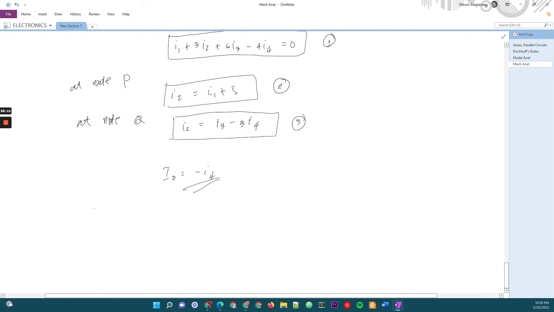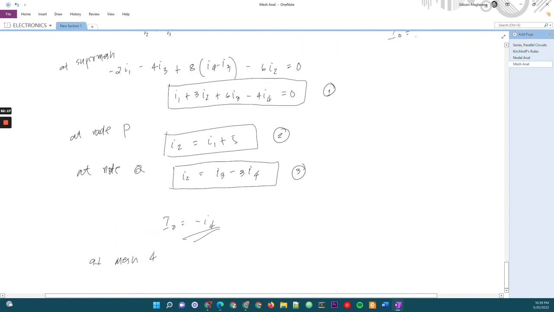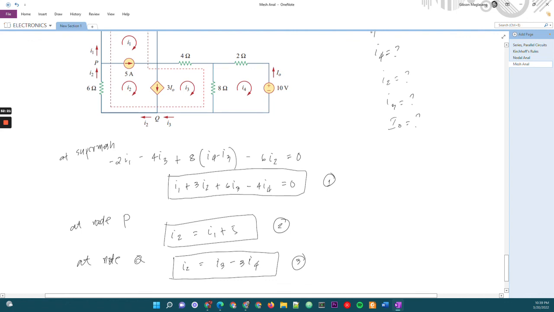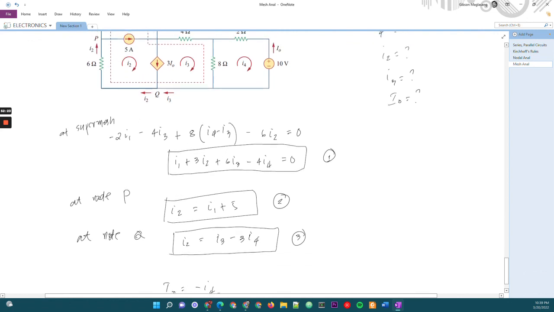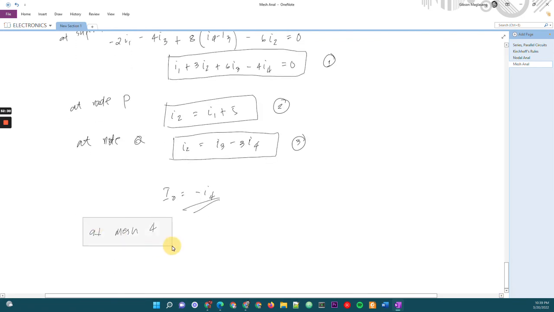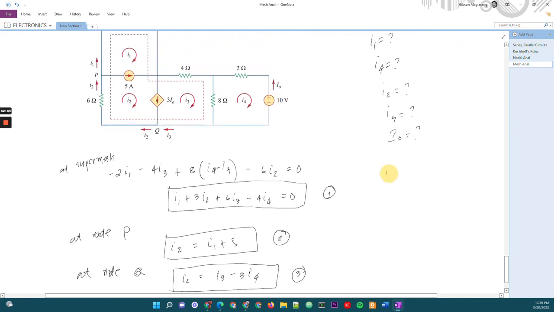Next is apply KVL at mesh 4. Okay, take a look at mesh 4. So at mesh 4, take a look at this mesh.